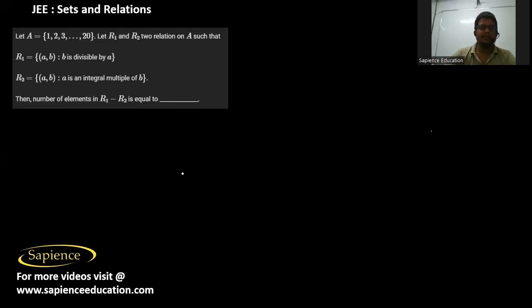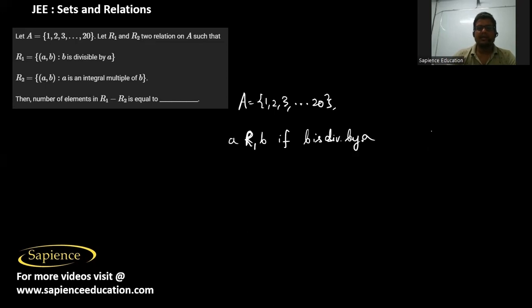So here it is told that let A be the set 1, 2, 3, 4 till 20, and let R1 and R2 be two relations on the set A such that A is related to B under the relation R1 if B is divisible by A. B is divisible by A, it means that A is a factor of B. And A is related to B under the relation R2 if A is an integral multiple of B, where M is some integer.